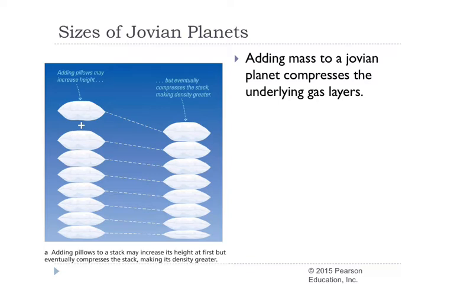The more gas you have on it, the more the underlying gas layers are compressed. So the bigger you get, the more you're able to compress. That's the main difference between Jupiter and Saturn: Jupiter was able to add a lot of mass to compress those underlying gas layers.